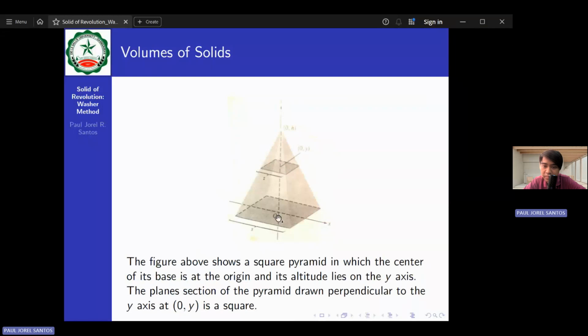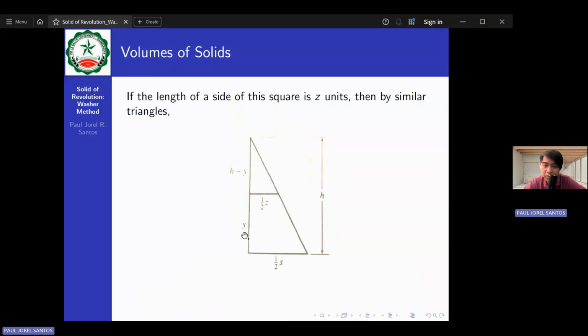So the distance from the base up to the plane region is y units. Since we have y, to compute this distance, we have h minus y: we subtract this portion from h. Now, if we recall the concept of similar triangles, it lets us have this equation.